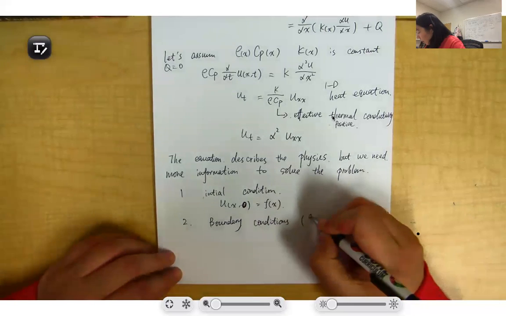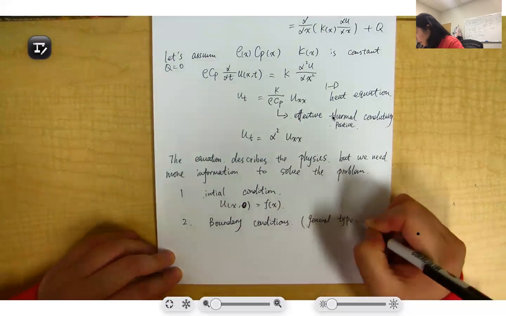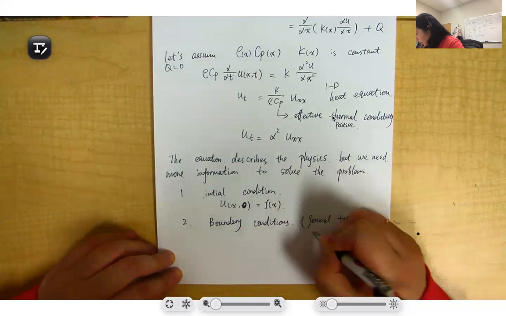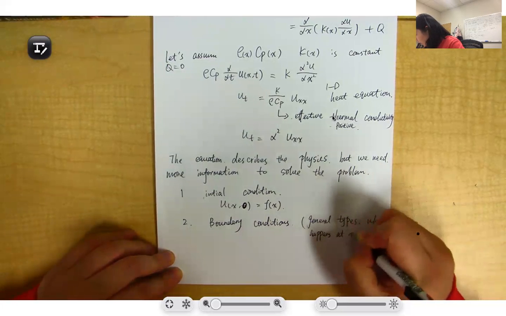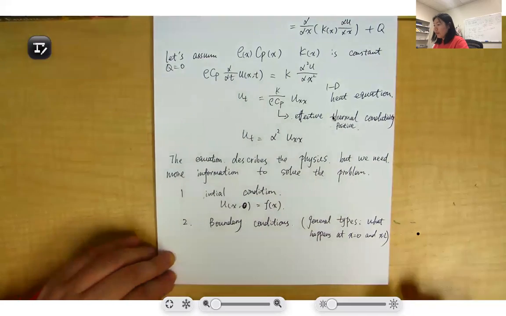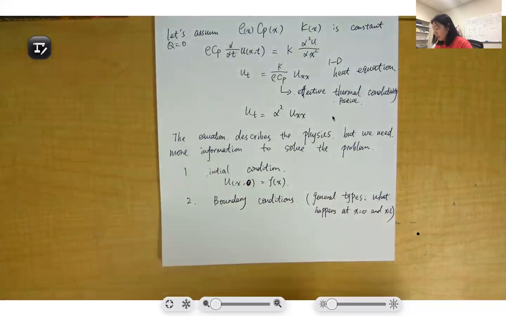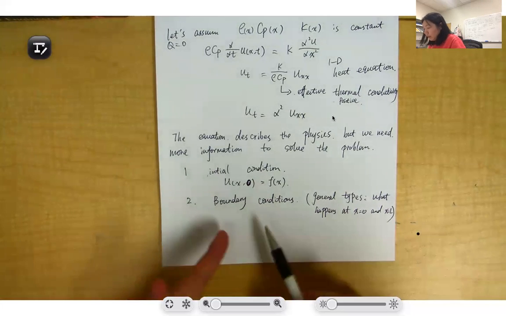So the general type is what happens at x equals 0 and x equals L. So some common boundary conditions.